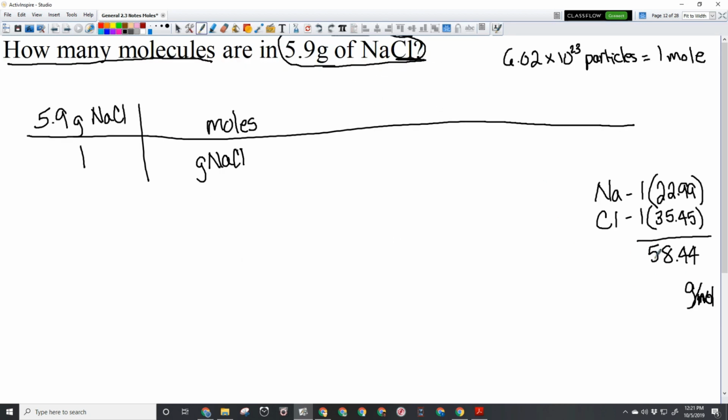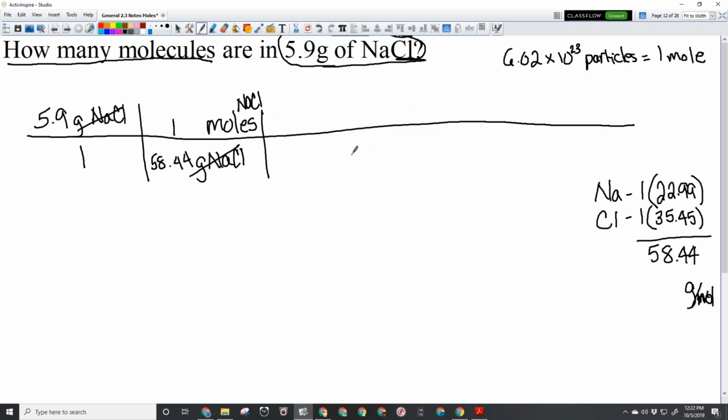So 1 mole is 58.44 grams. Cancel what I can cancel. Grams cancels out, so now we're in moles of NaCl.